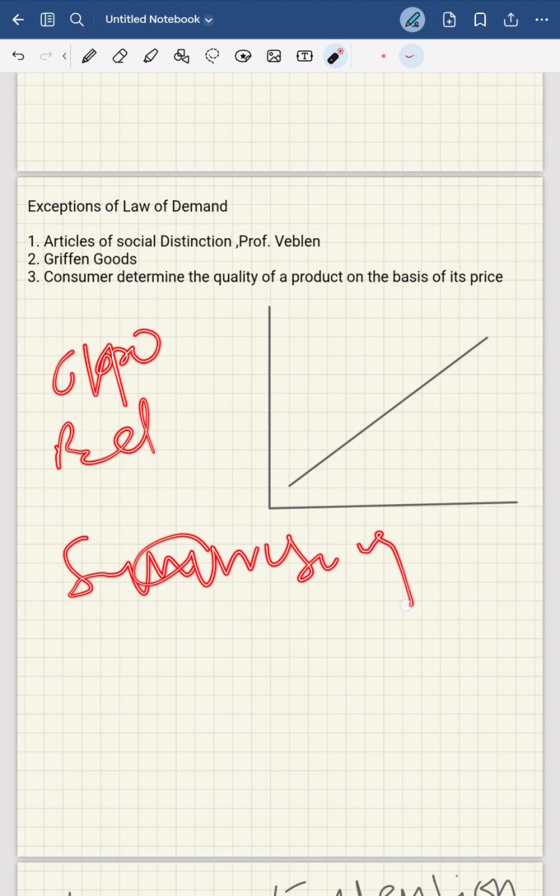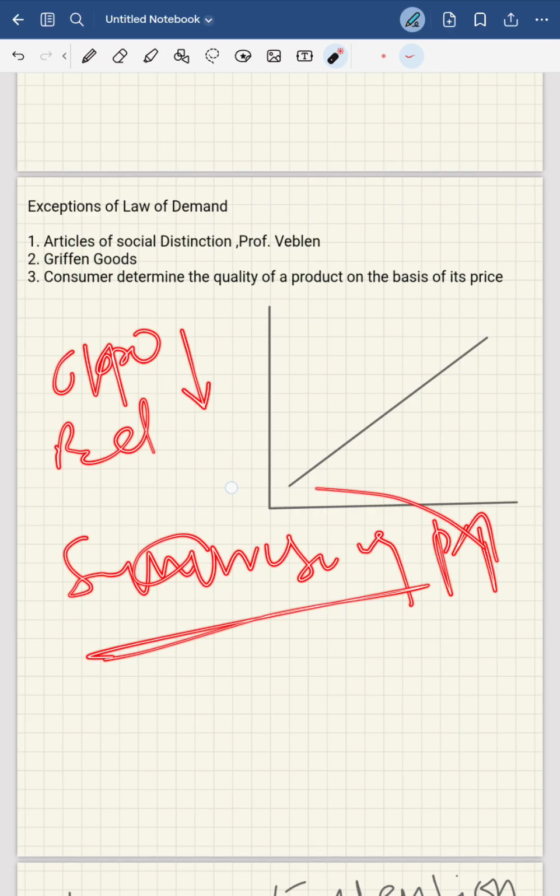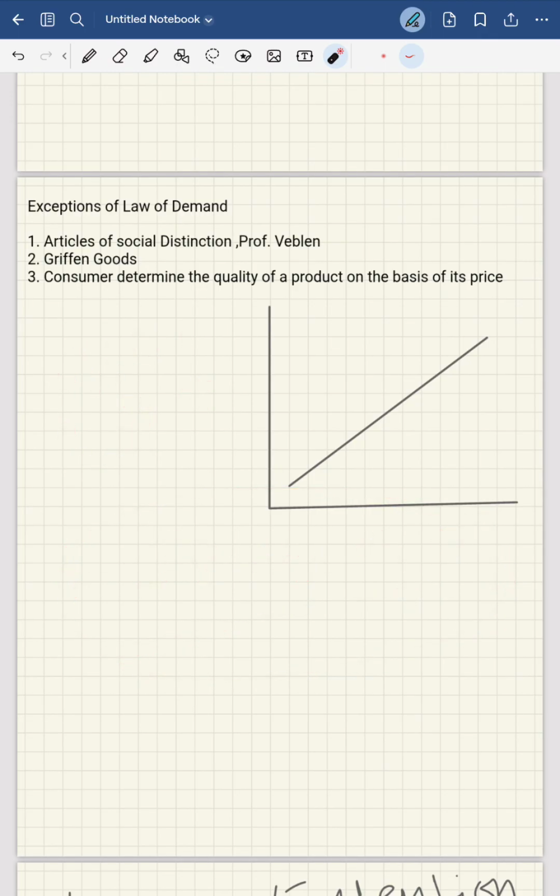Okay, this makes me distinct. Whether the price of those products is low and this one is high, still I demand this because I don't want to be like others. I want to be an extraordinary person. In those cases, articles of social distinction make us distinct from the rest of the society.